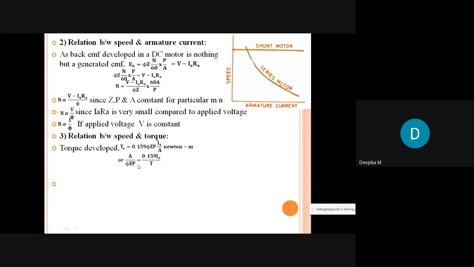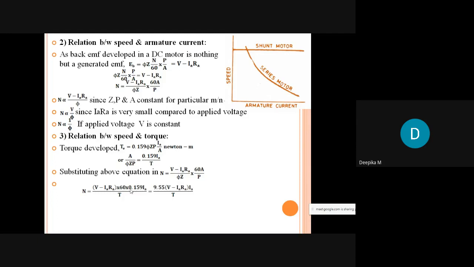Now let us resolve for A by phi Z P. Let us retain only these terms, that is A by phi Z P, and the remaining we can write as 0.159 I_a by T. And substituting into the equation N equals V minus I_a R_a divided by phi Z into 60A by P, let us substitute the A by phi Z P value here. Then the equation will become like this.